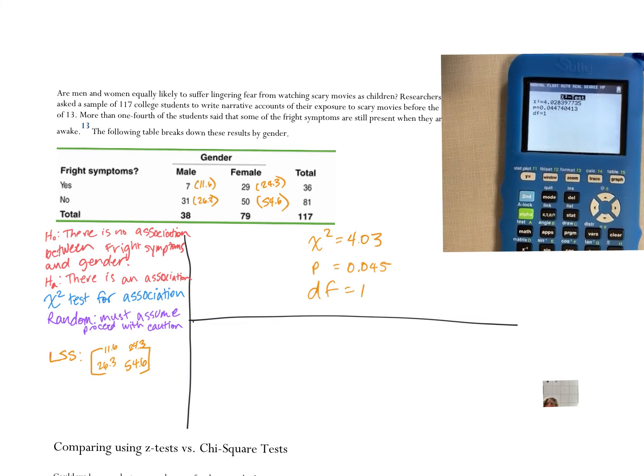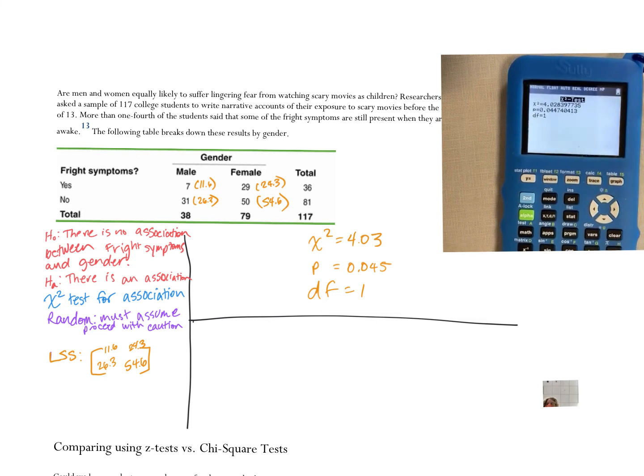And is anything jumping out at you? So what is the expected value? Is it assuming that there is? It's assuming the independence.